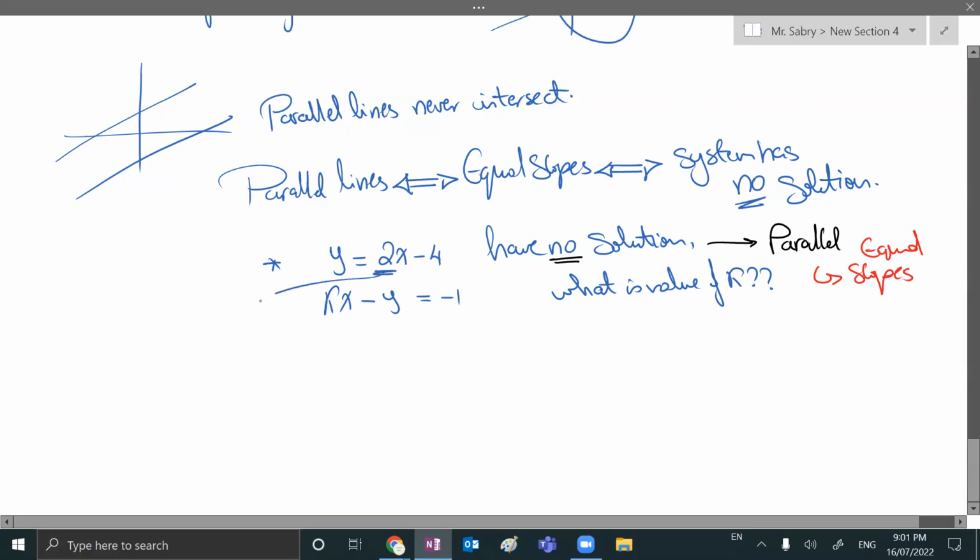So the first slope is 2, correct? What's the slope of the other one? Here, I take the negative coefficient of x, which is k over negative 1. Good. Because this is one form and that is another form. Here, to get the slope, I do negative k over negative 1, which is k. So then this means that k equals 2. Perfect. Thank you so much.